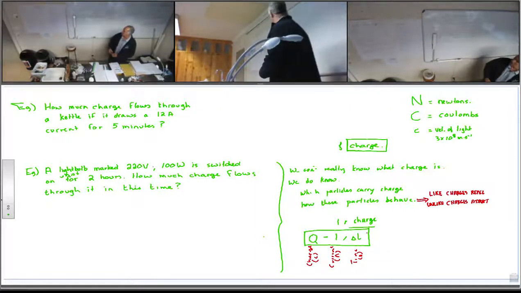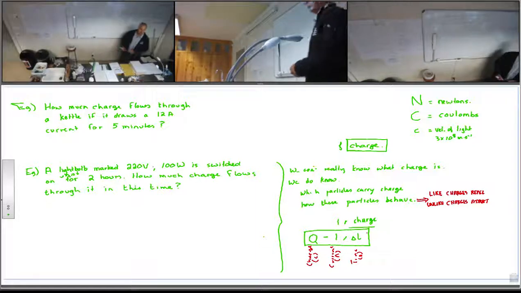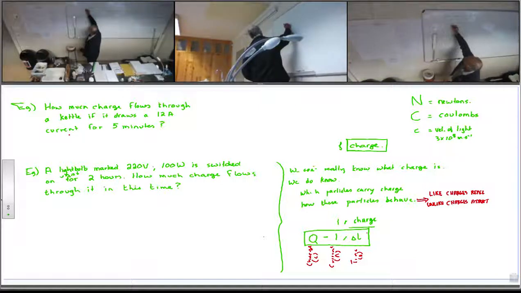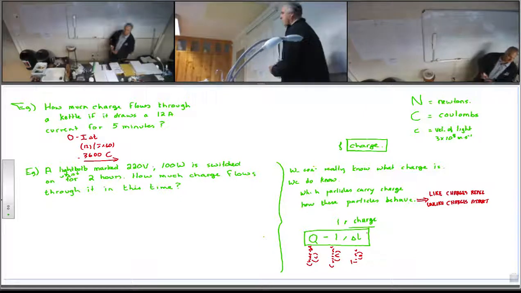Let's mark the first one. Jonathan, will you tell me how to do it, please? Okay, so you said I is 12. Why did you times it by 60? Okay, and you got 3, 6. Good. Could you do the next one, please?